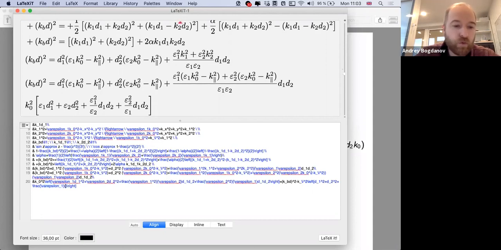Epsilon 1 over epsilon 2, and here d1, d2, and plus very similar expression, d2 over d1.